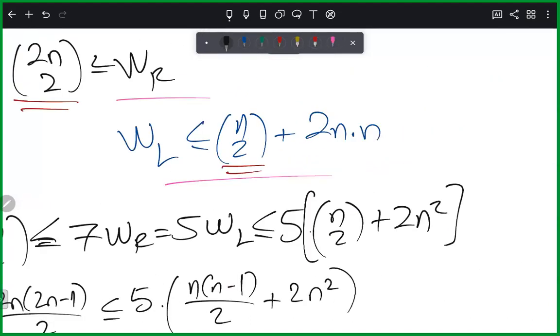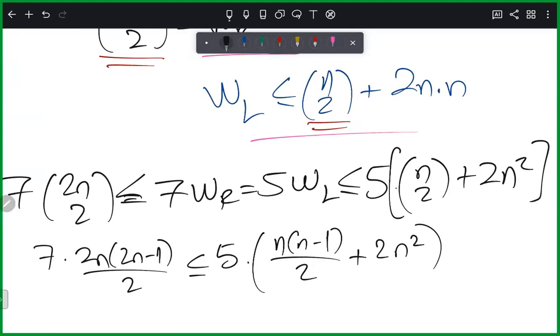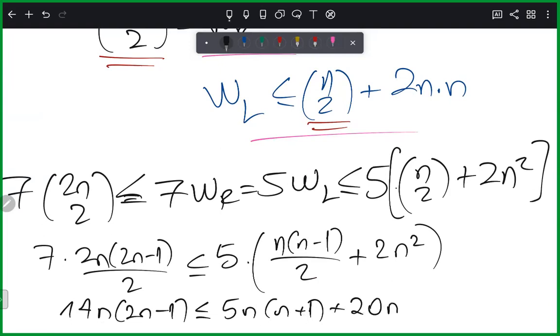Right? And let's multiply both sides by 2 and expand the left-hand side. So we get left-hand side equals 14n(2n minus 1). It's less than or equal to 5n(n minus 1) plus 20n squared. And then let's cancel out n's from both sides, and then distribute whatever we need to distribute, and add things up.